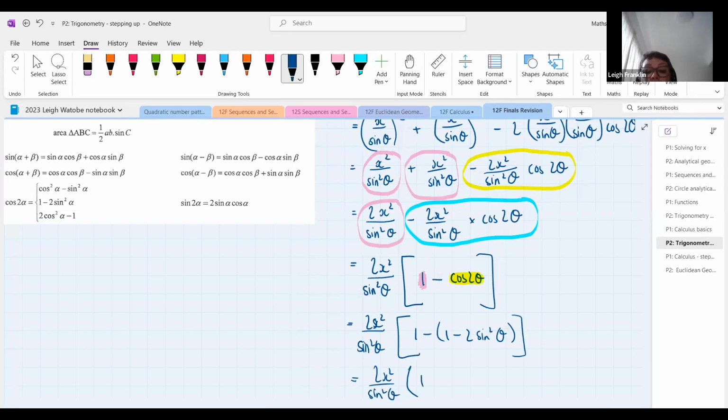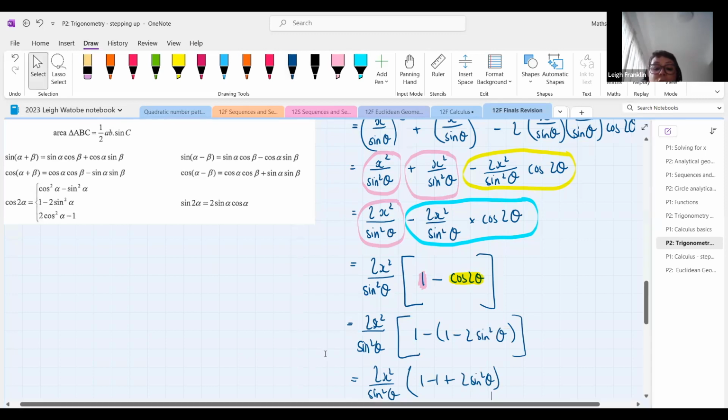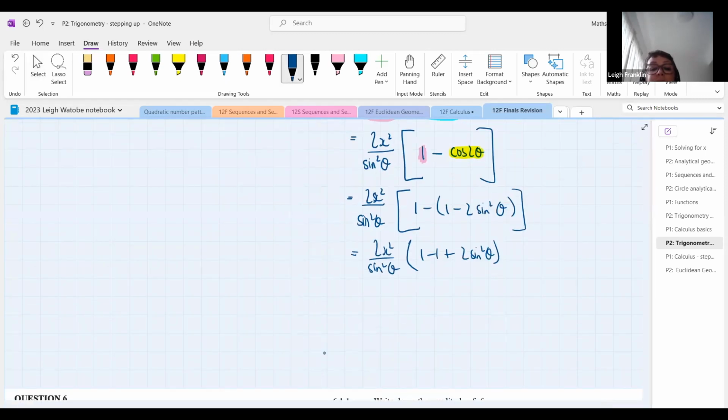And now I've got 1 minus 1 plus 2 sine squared theta. So now my 1 is cancelling out, and I've got 2x squared over sine squared theta. And then in brackets, I am multiplying this by 2 sine squared theta. Is everybody happy with that?